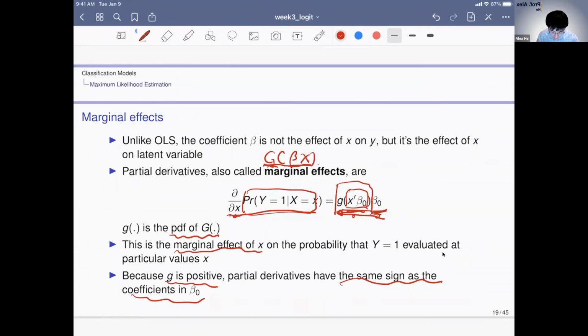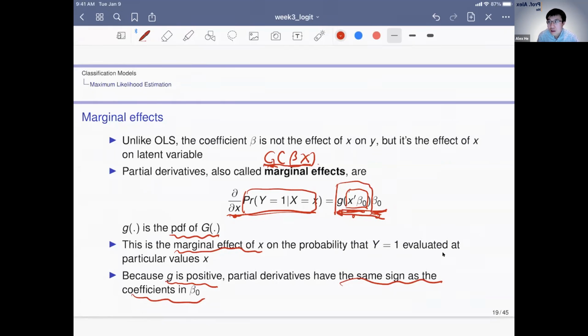Another thing I'll observe here is that it's not only a function of beta, but also a function of x, which means that the marginal effect is different for different x's. And this makes it a little bit complicated. For policy, you may want to know on average, when I increase x, how does y change?